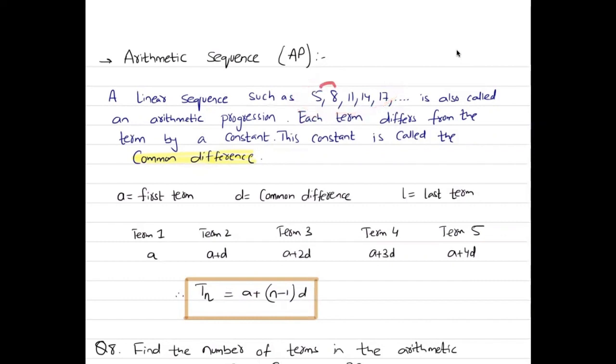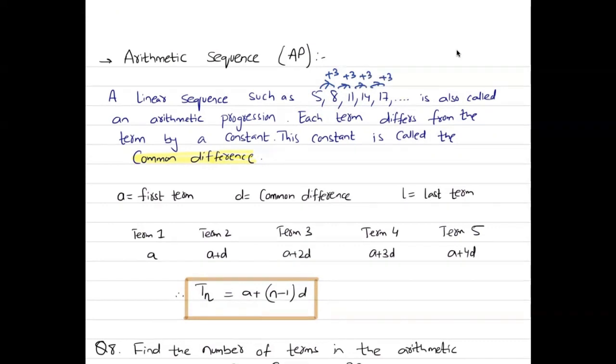What is the difference between the first two terms? The difference is taken out by taking the second term minus the first term. So what is the difference going to be? 3. Plus 3, then plus 3, then plus 3, then plus 3.